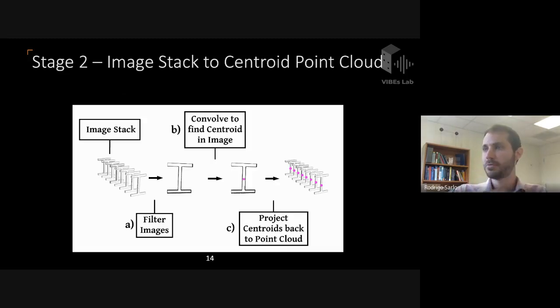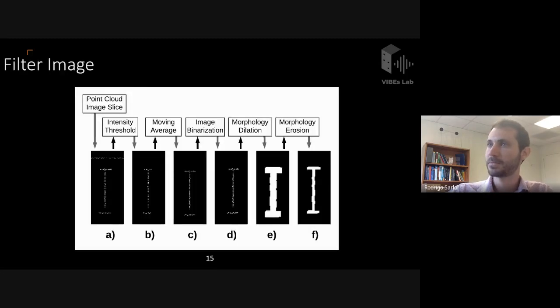And then once we've filtered out some of the irrelevant information and have more clear cross sections, we can use convolution, basically as a template matching operation, to try to identify the centroids of these cross sections of interest. And then we map them back into 3D space.